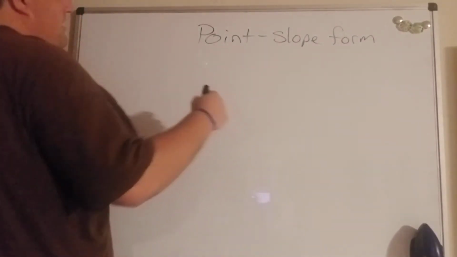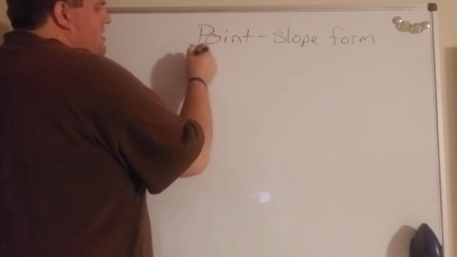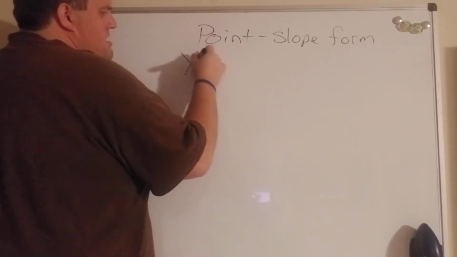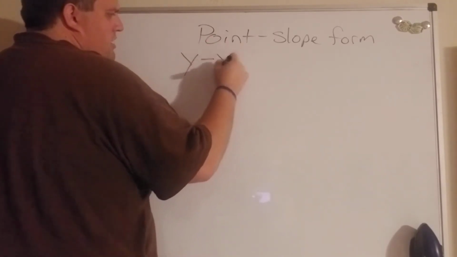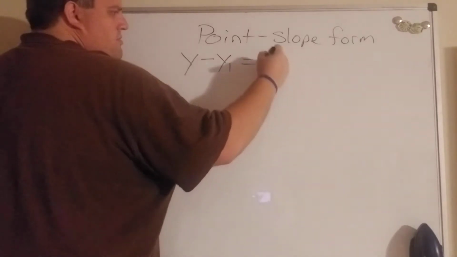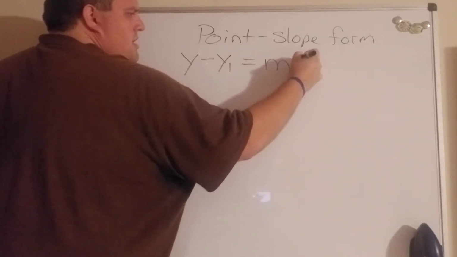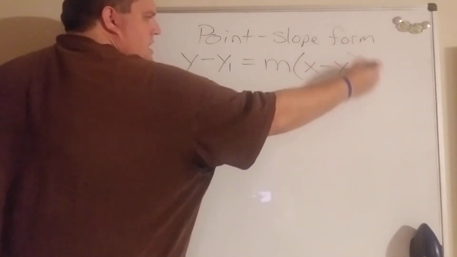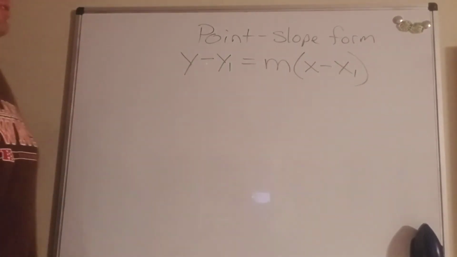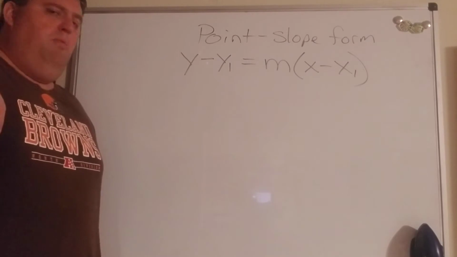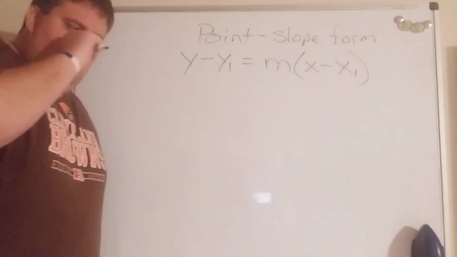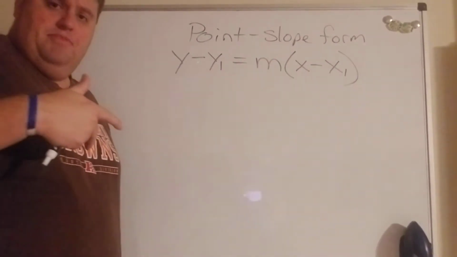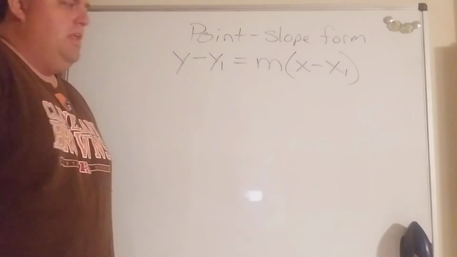And it's going to look like this. You're going to have y minus y1 equals m times the quantity x minus x1. This time we're only going to have a slope and 1 point. If you remember, we did some problems like this in slope-intercept form.